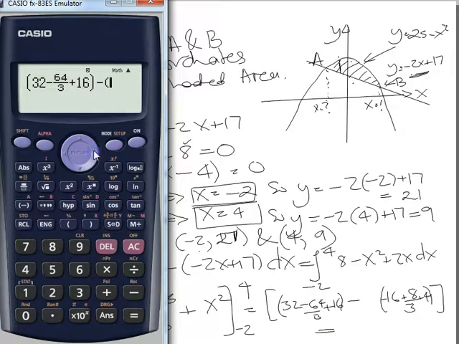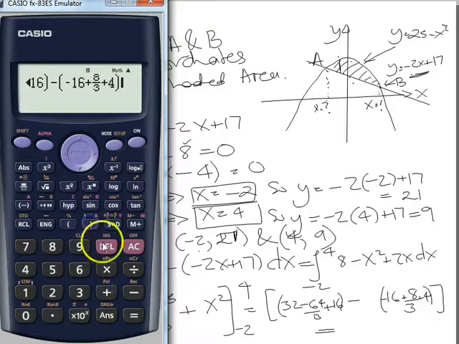And then go on to the next one, and we get minus 16. Okay, and then you've got plus 8/3 plus fraction 8 over 3 back to ground level plus 4.